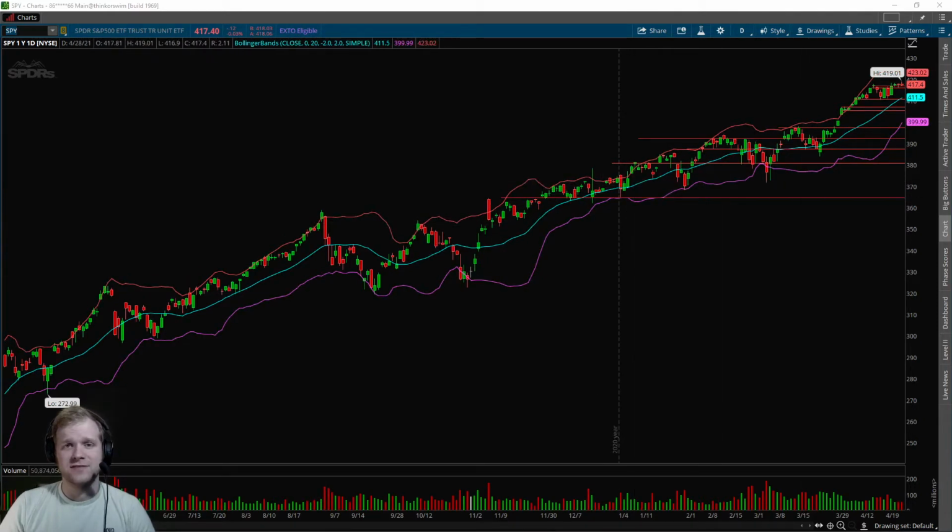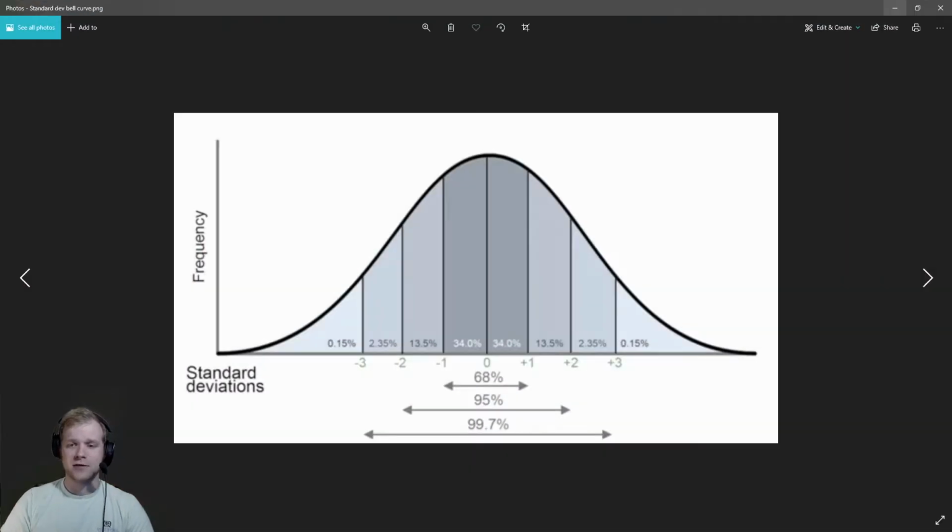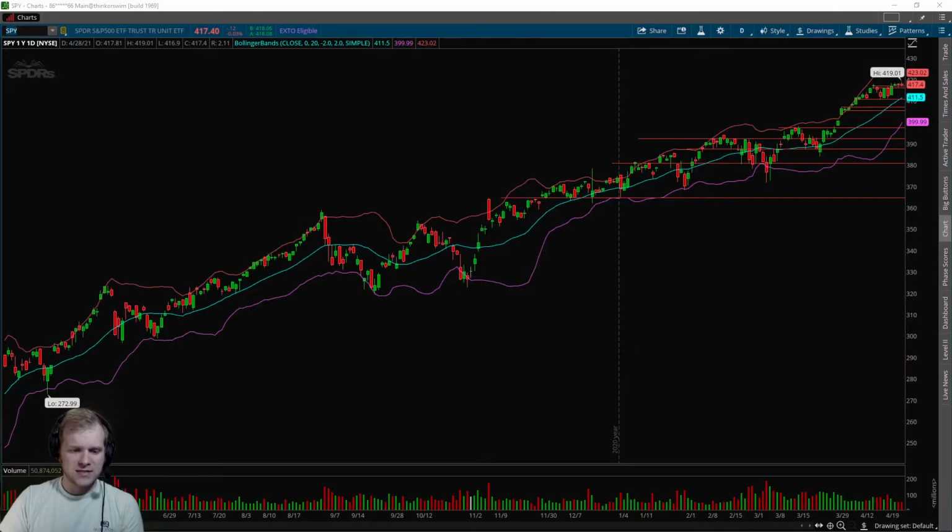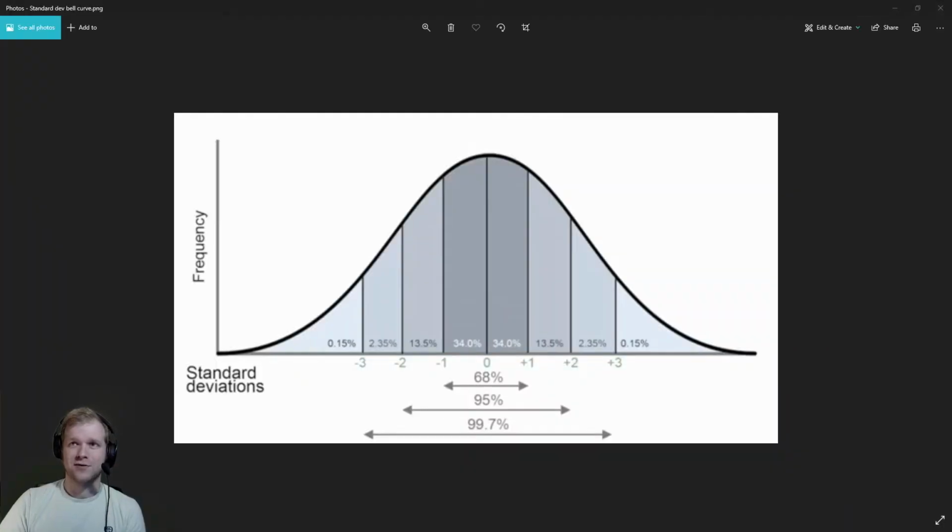What is a standard deviation? That is a whole mathematical term that I'm not going to get too far out in the weeds on here, but if you want to do a little more research on your own, you can. What I will show you is the standard deviation bell curve. Basically, within a certain amount of data points, say you have 1 million numbers, what is the certain amount that you deviate from the average in either direction?